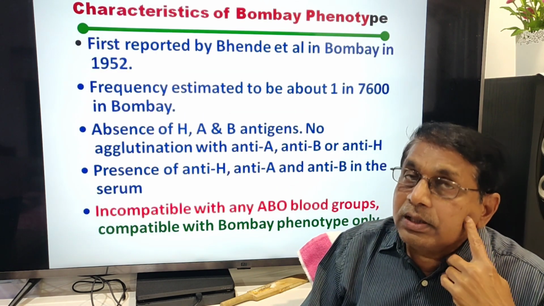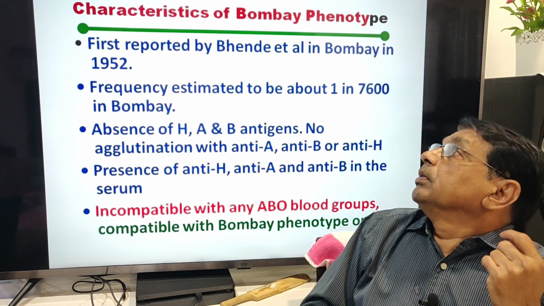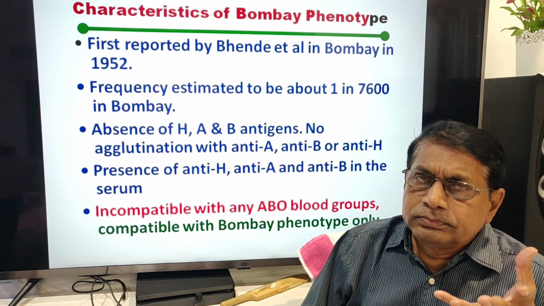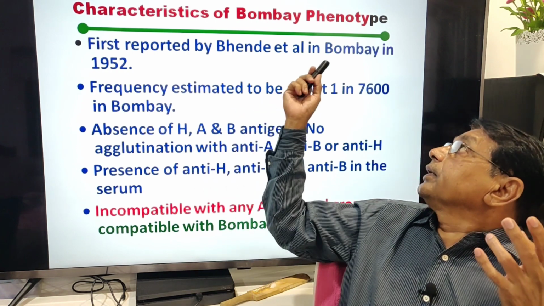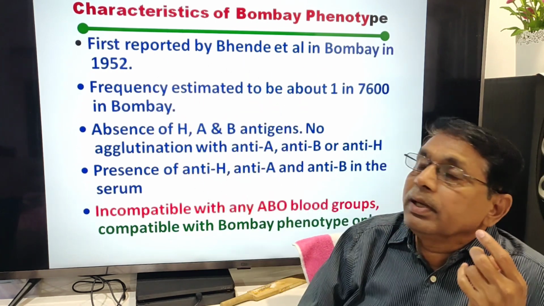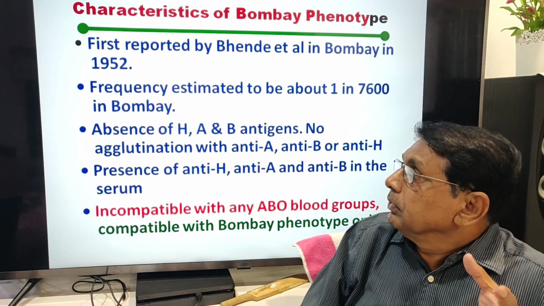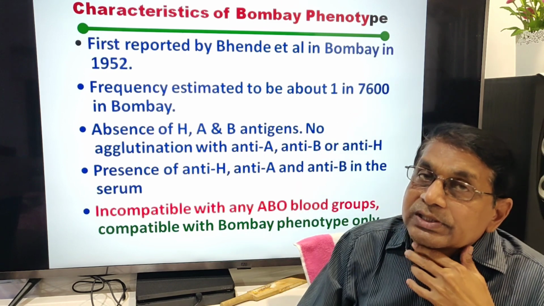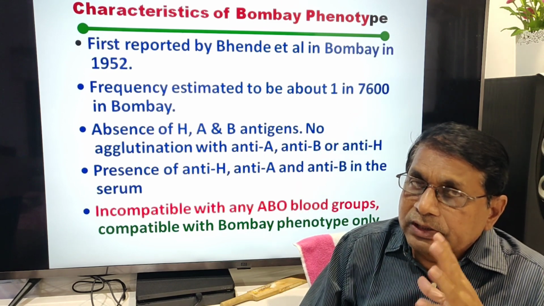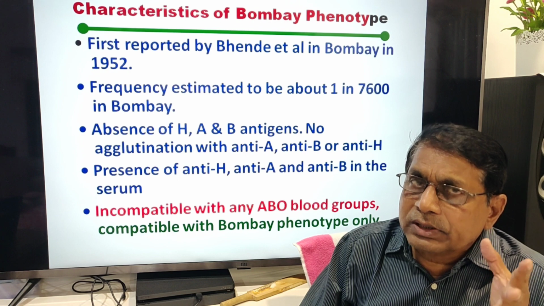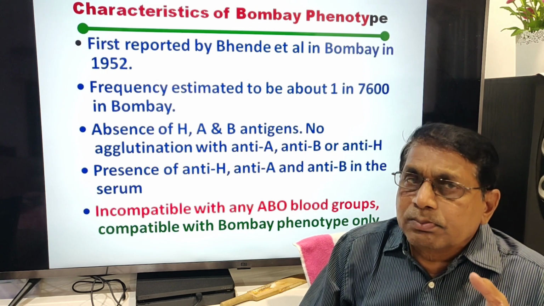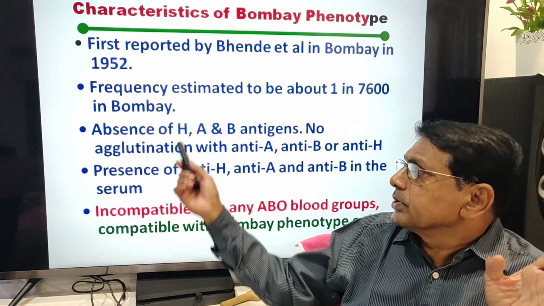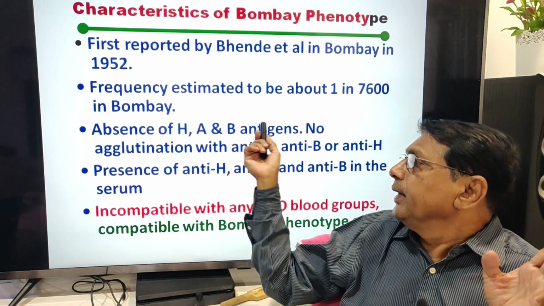Then another blood group, the Bombay blood group. This is a special type of blood group detected in 1952 in the Bombay population. The frequency is estimated to be about 1 in 7,600. Very special, only in Bombay. That's why it is referred to as the Bombay blood group. There will be no H, A, B antigens.